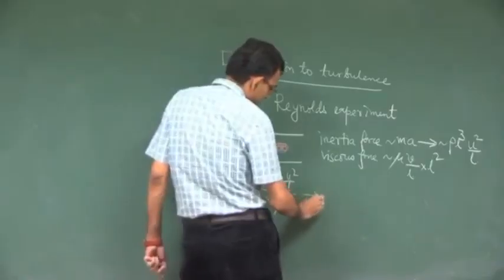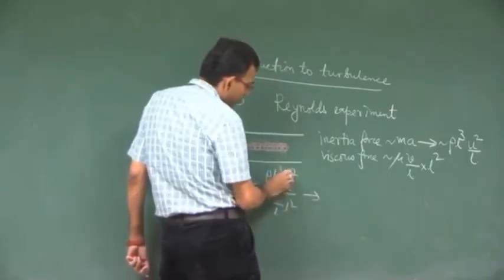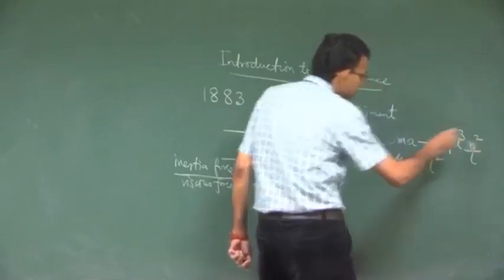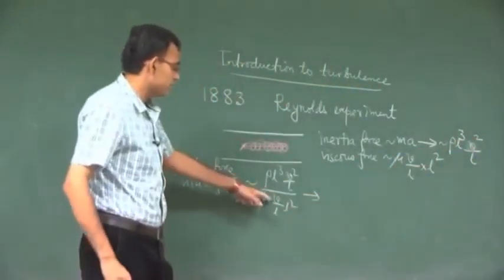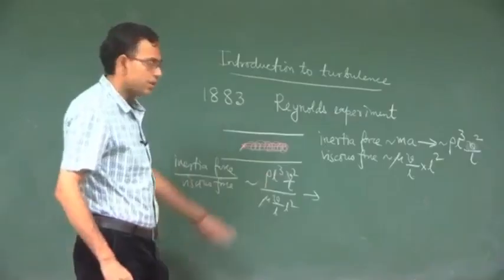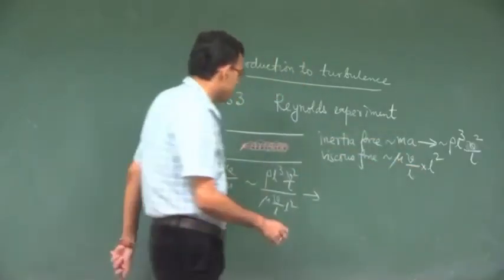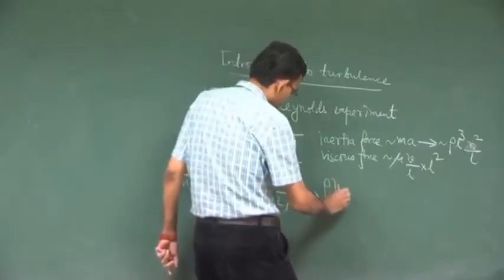So, this u, you can call it V, to give the same name to all the velocities in the expressions. So, this becomes rho V L by mu.